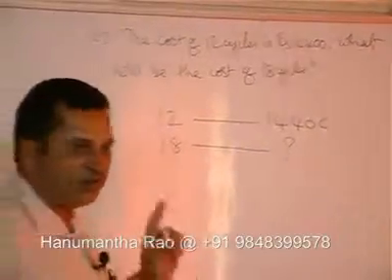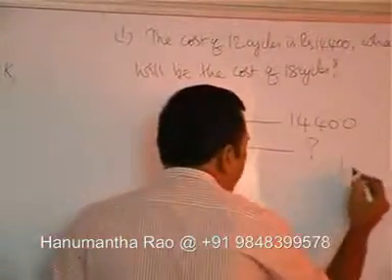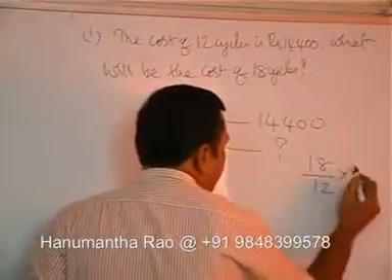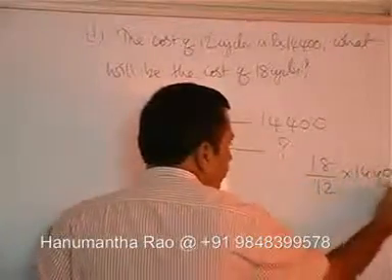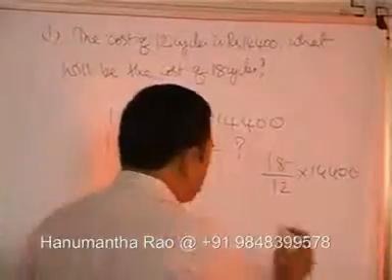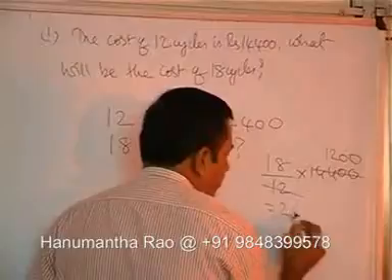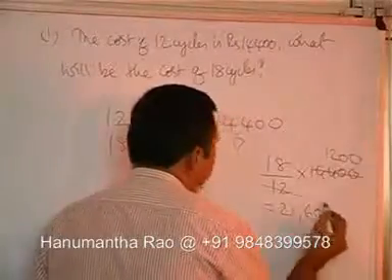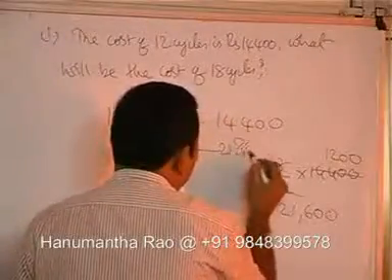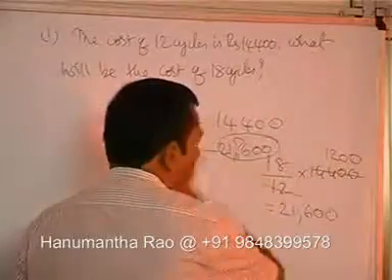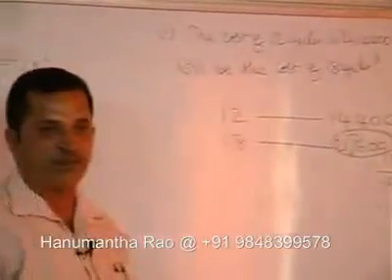Therefore, more by less into 14,400 we put directly. 14,400 divided by 12 is 1200, and 18 into 1200 is 21,600. Here I have not told the problem, I just wanted to show direct proportion.